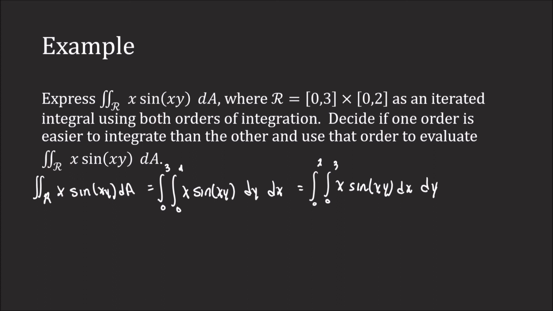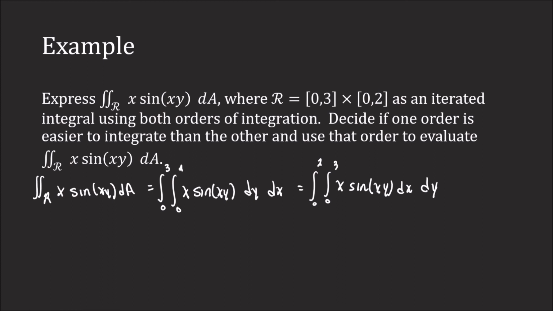Now, if we take a look at this, if we integrate with respect to x first, we would have to do an integration by parts, right? Whereas if we integrate with respect to y first, it's just simple u sub. So we're going to integrate with respect to y. That's the more convenient method.